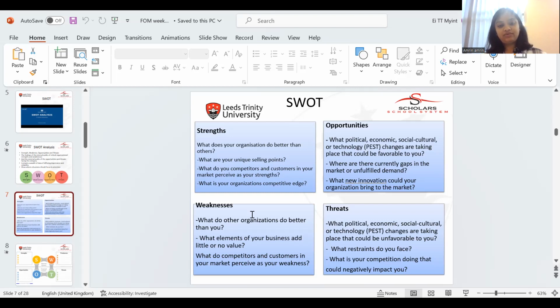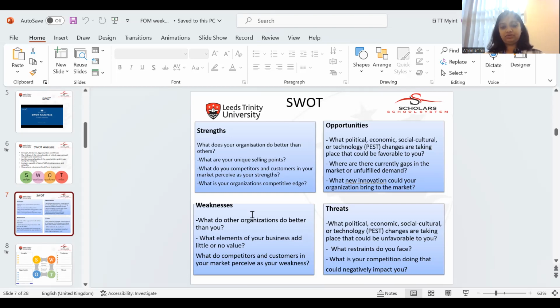Most of the time, if government policies are changing, some social and cultural rules are changing, or new technologies are coming into the market, that could be your threat. If you don't use the new technologies, it could be a threat for your business, because if somebody else uses that technology, they can go forward and you would be left there. So it is very, very important to check for the threats as well.